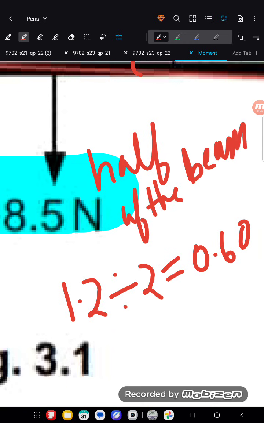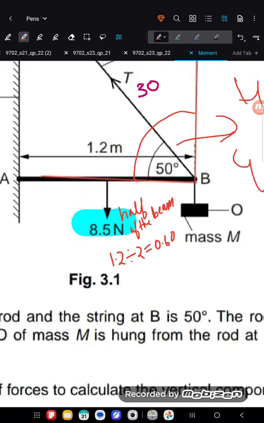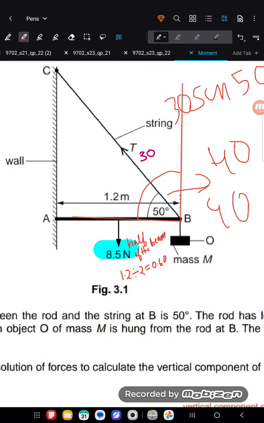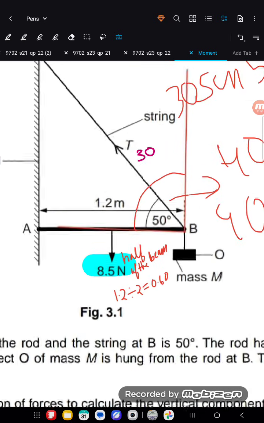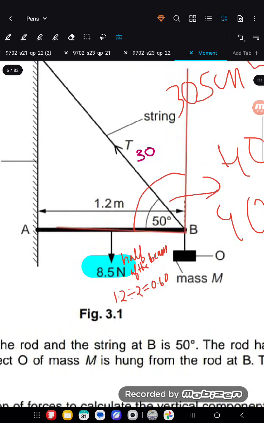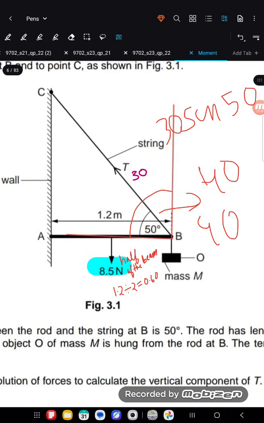So when you know the full distance, you divide by 2 all the time. One force always acts at the half of the beam, so this distance they never give.